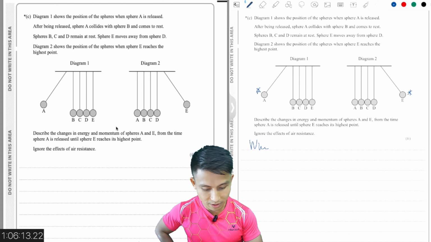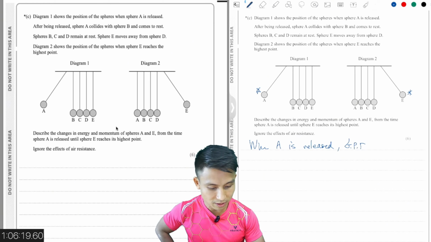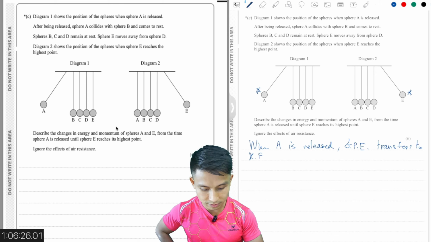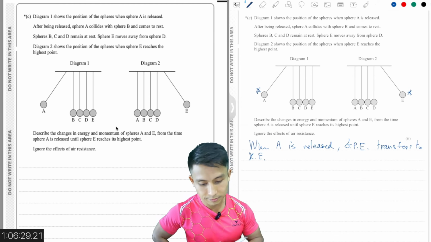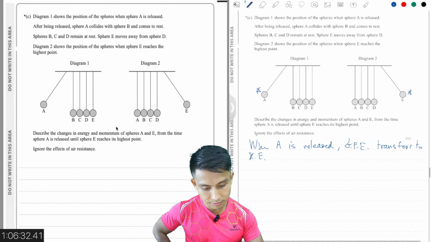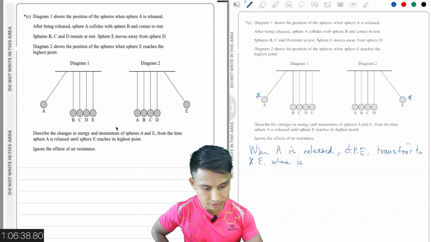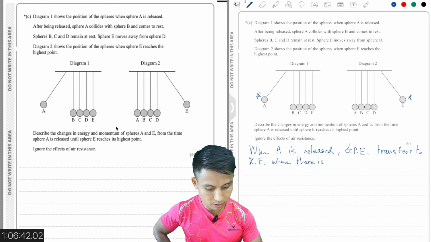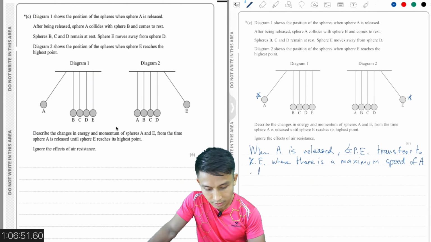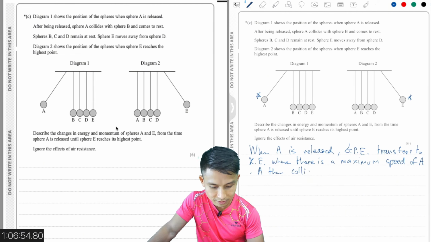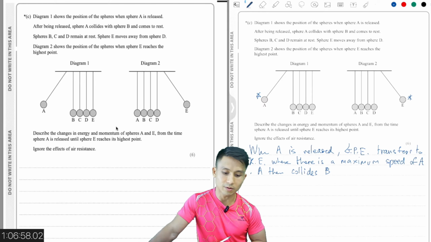When A is released, GPE transfers to KE, where there is a maximum speed of A. A then collides with B, okay?